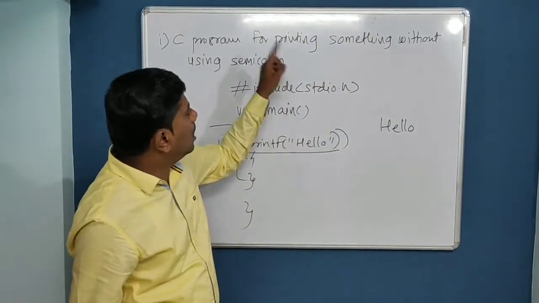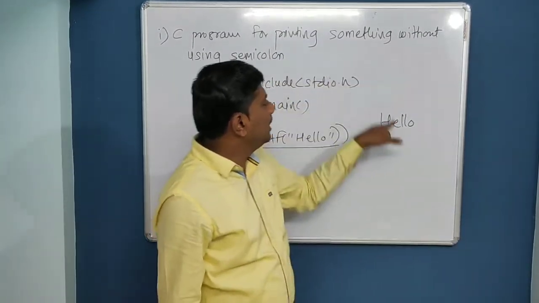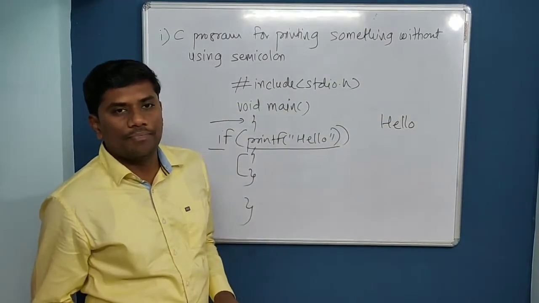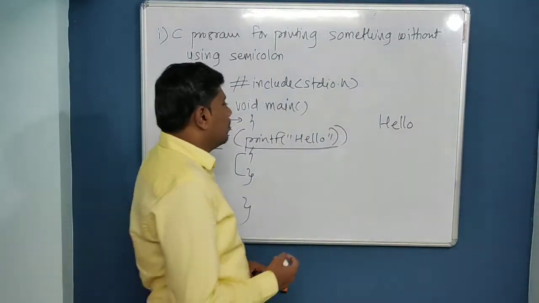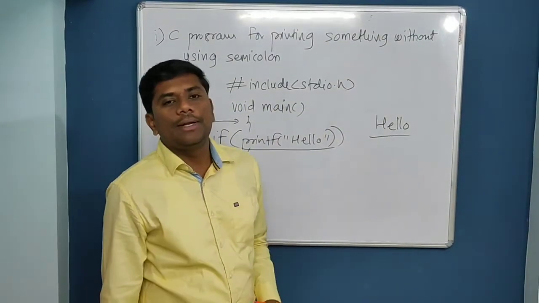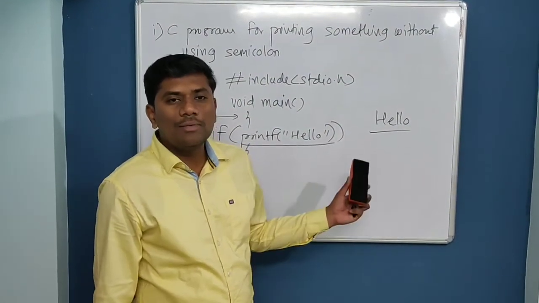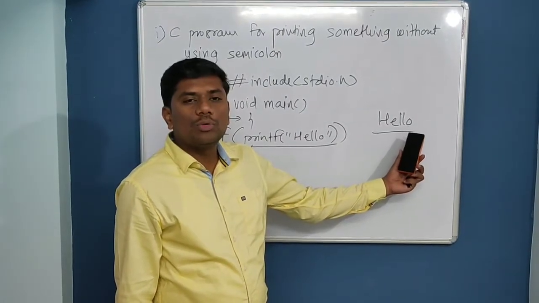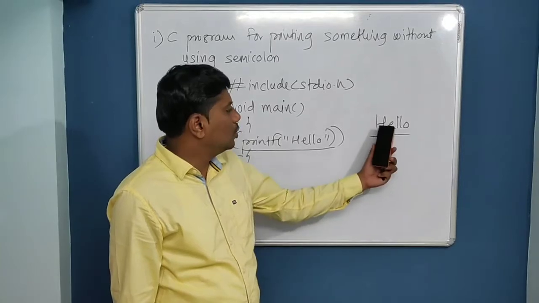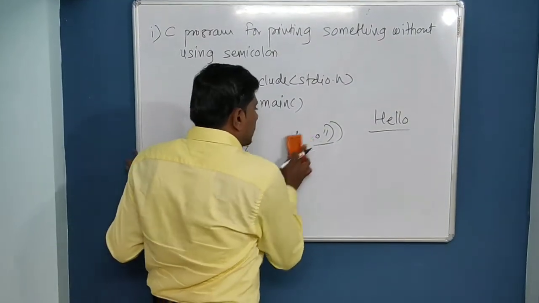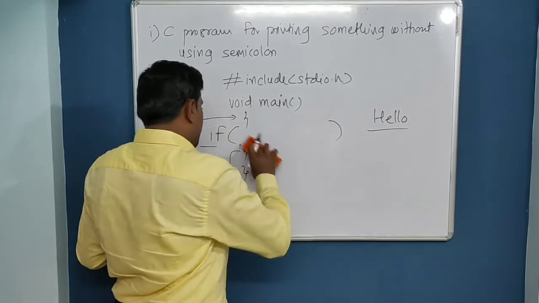So we have achieved the first task, that is printing something. And what is the second job of printf? Printf will calculate how many characters it printed on the output screen. How many characters were printed? 5: 1, 2, 3, 4, 5. So this printf will be replaced by 5.